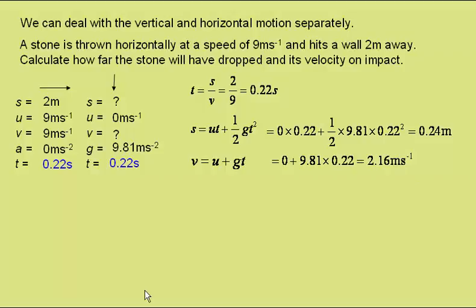So I now have the horizontal velocity and the vertical velocity, but to find the velocity on impact I need to find the actual velocity of the object including its direction. So for this I'll need to put in the vectors.